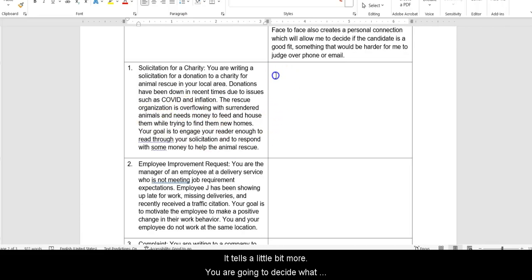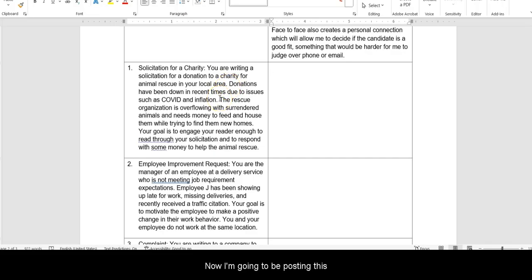You are going to decide what channel you would use, which would be an effective channel, and why. And then you're going to explain why you chose that channel using either third person or first person and going back to the scenario to justify and provide evidence of why this channel would work.